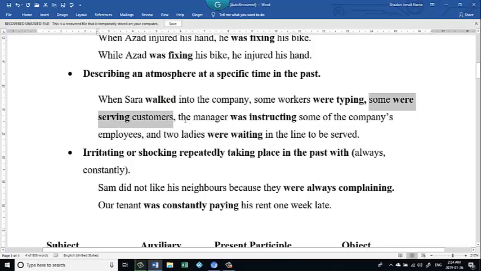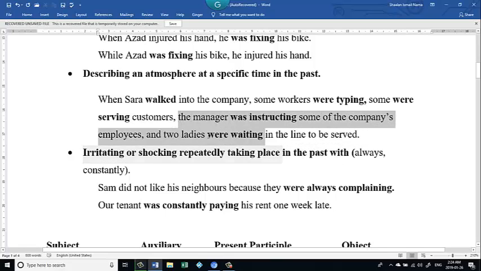The manager was instructing some of the company's employees, and two ladies were waiting in the line to be served.